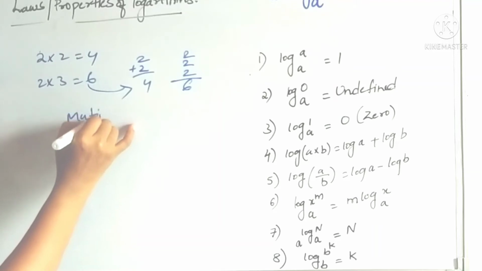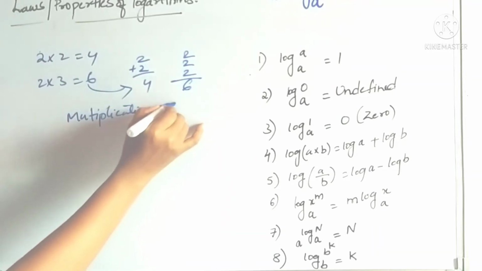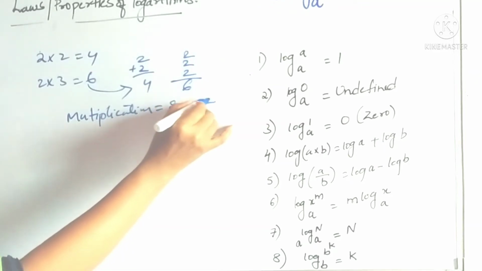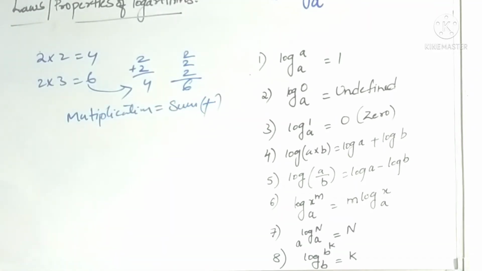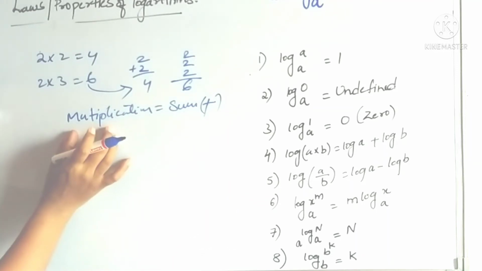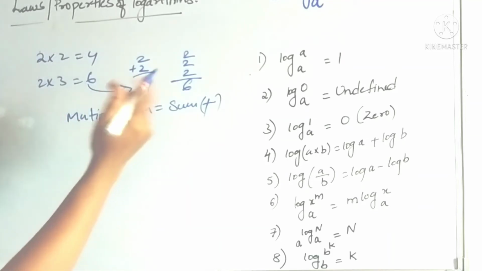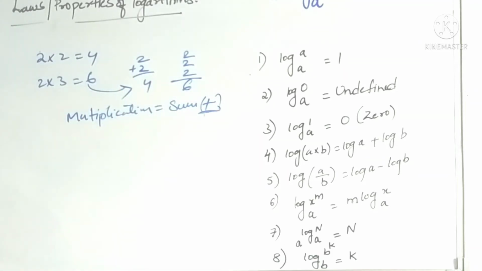Just to remember this property: if multiplication is on one side, then addition comes on the other side. In other words, a power m into a power n is equal to a power m plus n, right?